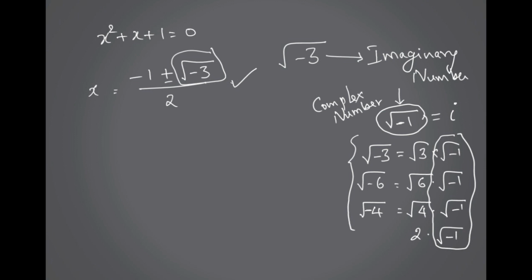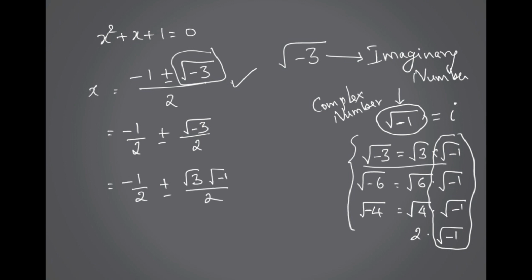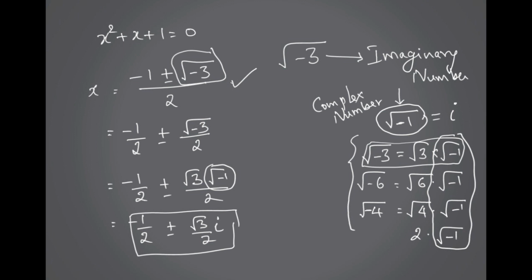Okay, let's proceed. Now, this can be written as minus 1 over 2 plus or minus square root of minus 3 over 2, right? Which means I can write this as minus 1 over 2 plus or minus square root of 3 times square root of minus 1 over 2, as I explained here. And I said square root of minus 1 is I. So this is how a complex number actually looks.